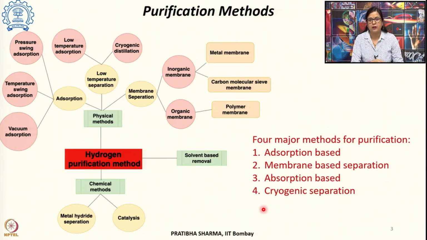And the fourth one is cryogenic separation. Cryogenic obviously means a low temperature process. As we decrease the temperature, the different gas phases will be liquefied and converted into the liquid phase.